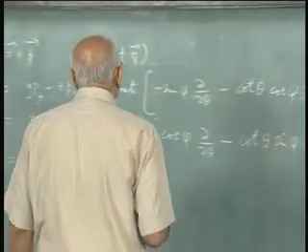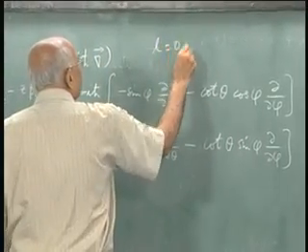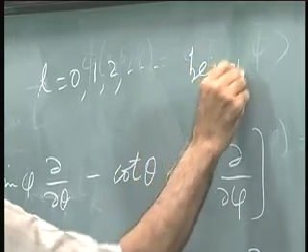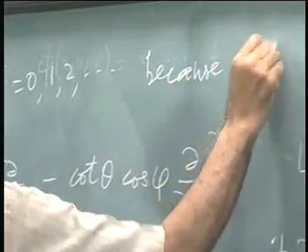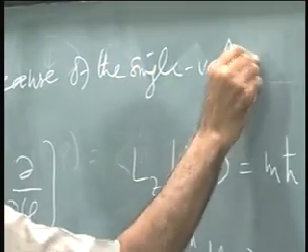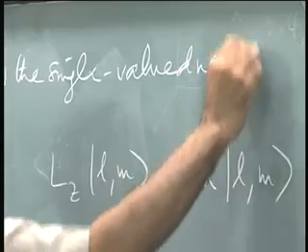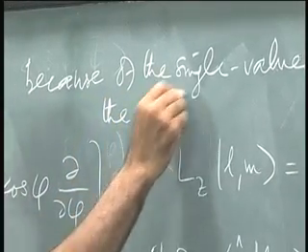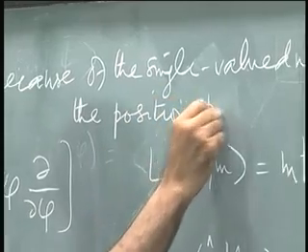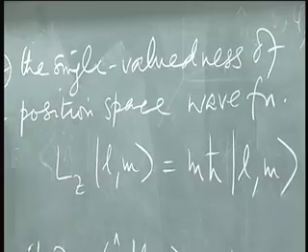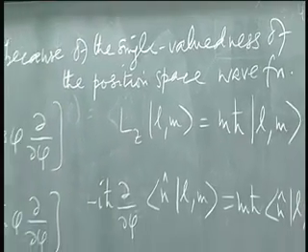It turns out that requirement makes L an integer, because of the single valuedness of the position space wave function. So that is the requirement, that is the reason why it becomes an integer.